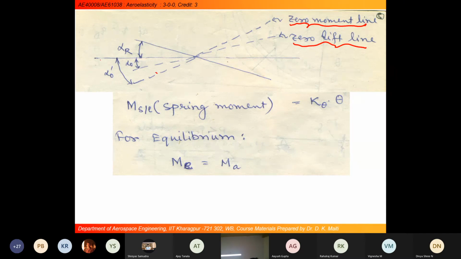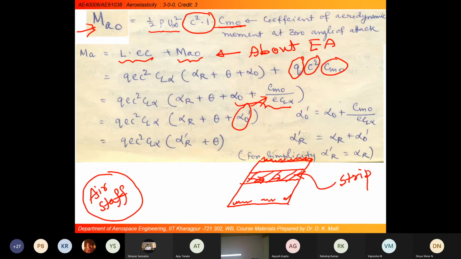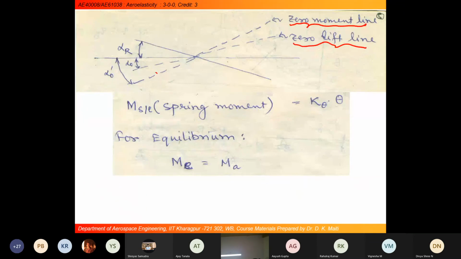As this reference is the horizontal, these are basically negative angles of attack. But in our calculation we are not taking that, because it is added here: alpha r plus theta and alpha naught prime are added, meaning the total angle of attack.